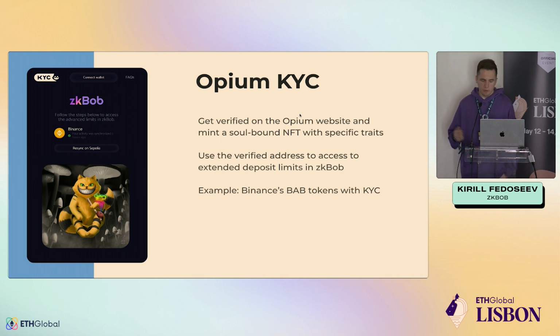And so currently the underlying KYC solution the Opium KYC is using for us is the Binance BOB tokens, which are also separately issued soulbound NFTs by Binance. Basically, if you have passed KYC on Binance exchange, you can mint this Binance BOB token on your wallet and then proceed to the Opium KYC registration.